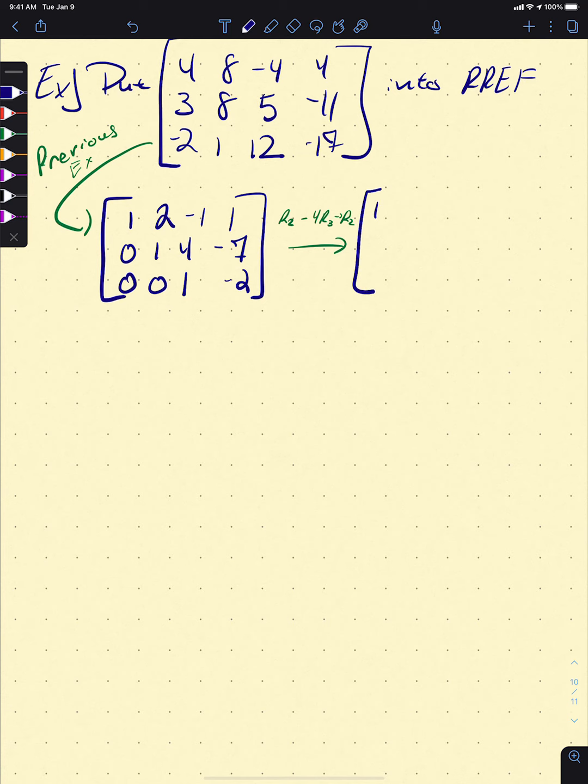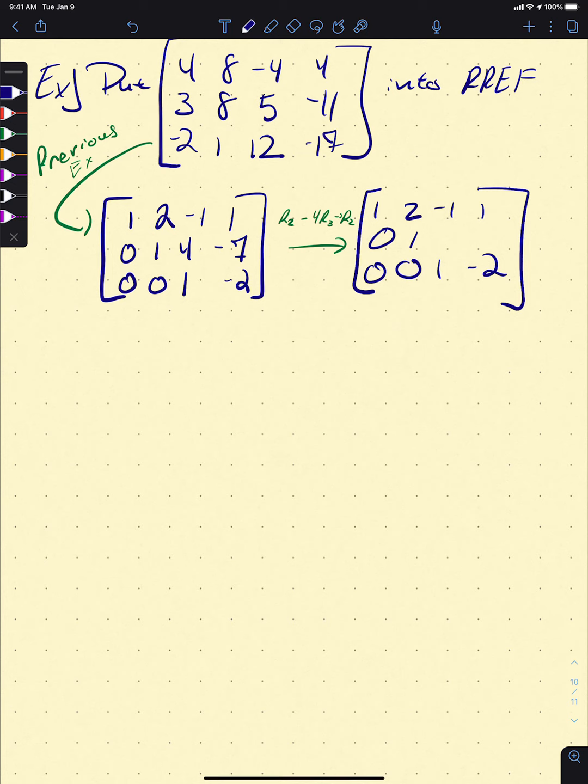So which rows aren't going to change? Well, number 1's not going to change, and number 3 is not going to change, so we can just copy those down. But what happens here in row 2? We have 0 minus 4 times 0 gives us a 0. We have 1 minus 4 times 0 gives us 1, right?